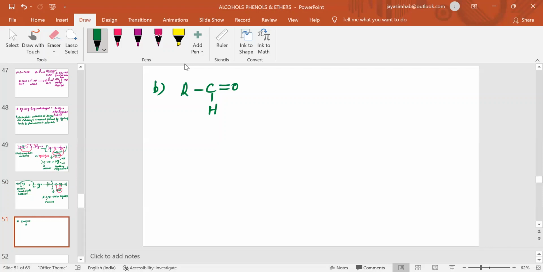So same thing, RMgX. The adduct will form: R, C, with R prime, H, O, MgX.